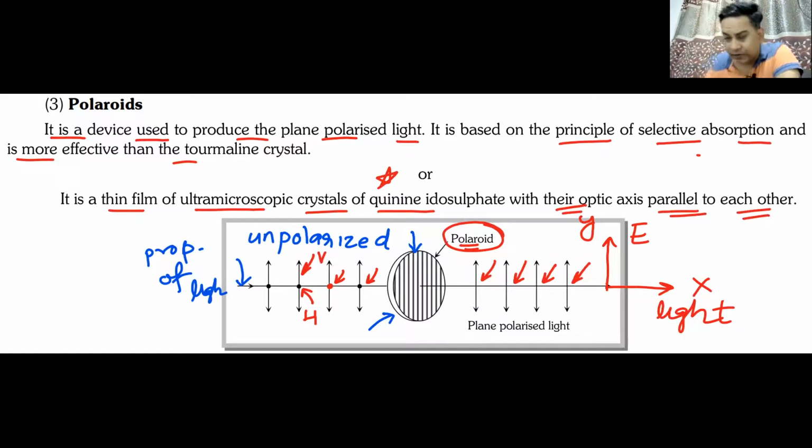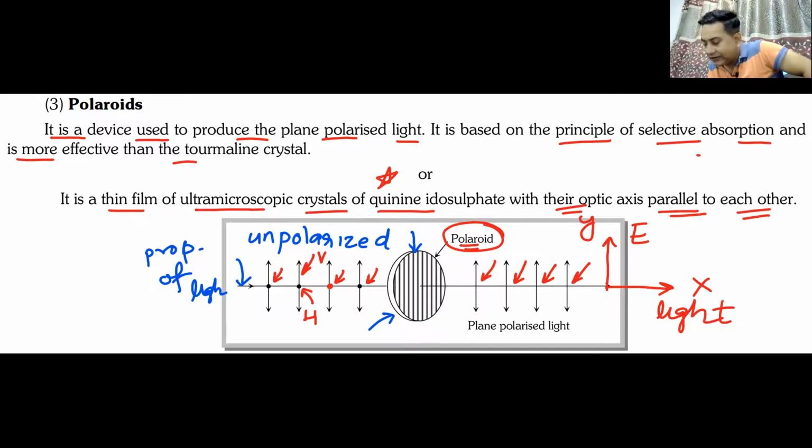So only the electric field which is parallel to the optical axis will pass. Any other component will be absorbed. As you can see, the dot, which is the horizontal component, has been absorbed and only the vertical component is passing through. The light on the right hand side after the Polaroid is known as plane polarized light.